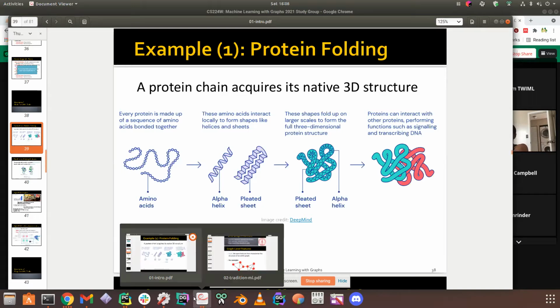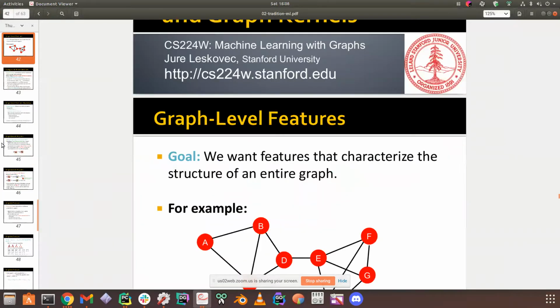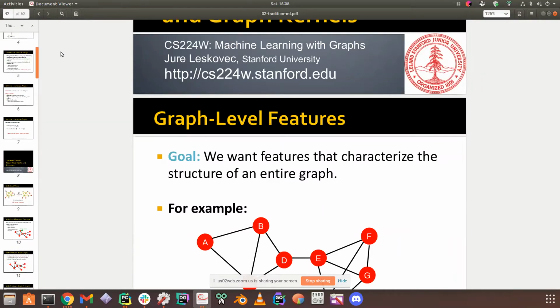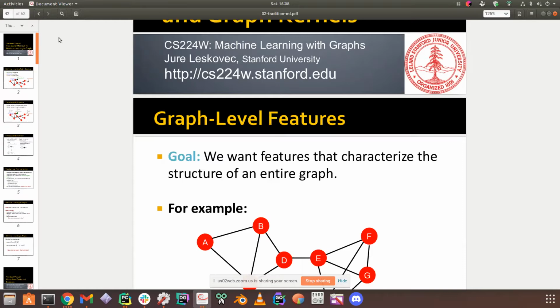Yeah, and then the harder part for this week is the traditional ML discussion on graphs. Traditional in the sense that it's talking about how you generate features for different kinds of graphs and nodes, and how you can use these features as input to quote unquote traditional ML models like random forest, SVMs, and so on.